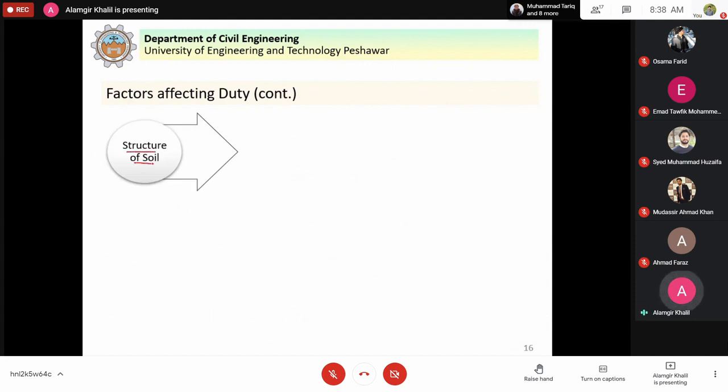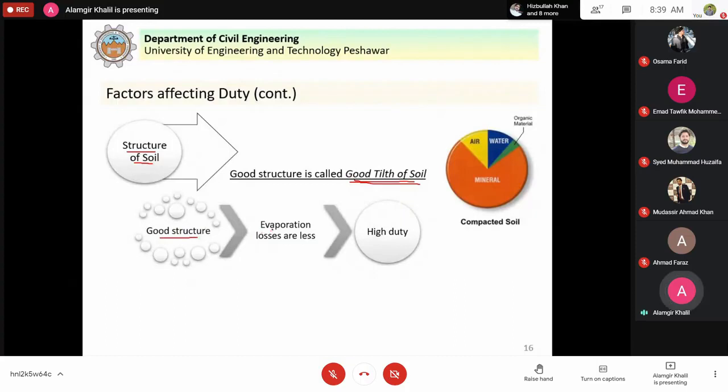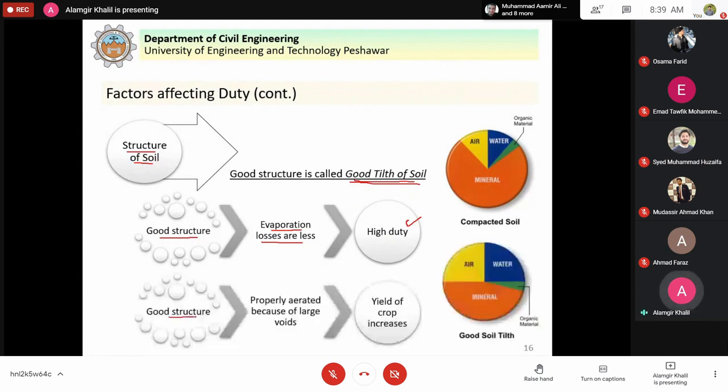Structure of soil. So good structure of soil is called good tilth of soil. Tilth of soil is the physical condition of the soil. So we have good structure of the soil, evaporation losses are less, and this will result into high duty. Again, we have good structure that is properly aerated because of large voids. This will result into a yield of crop increased.